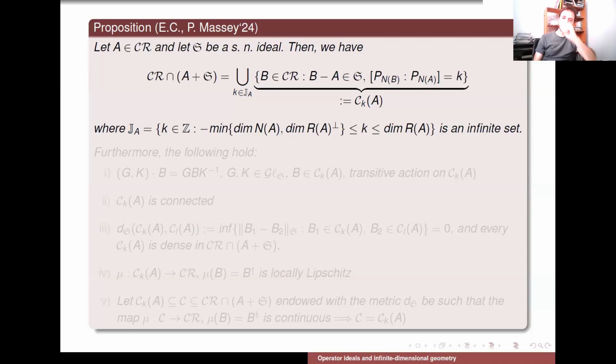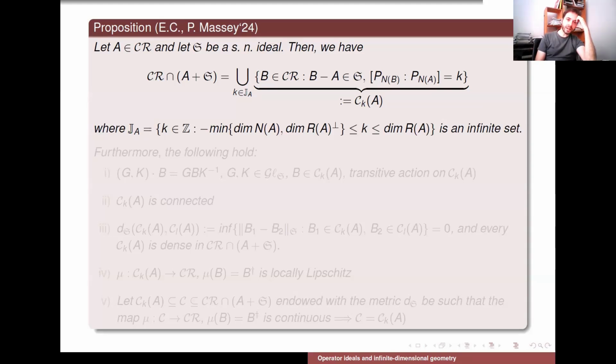So now we will use these remarks to understand our set of perturbations here. Recall that A is a fixed closed range operator, and also we have a fixed symmetrically normed ideal S. Our set of perturbations turns out to be decomposed as follows. Recall that operators in this set of perturbations have a well-defined index between the corresponding projections onto the null spaces.